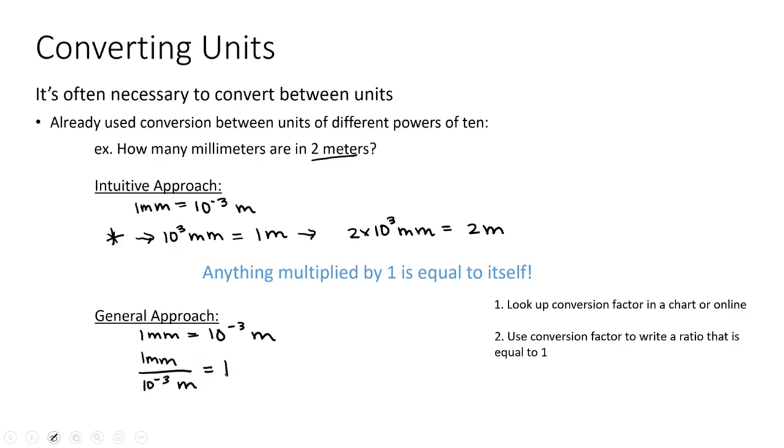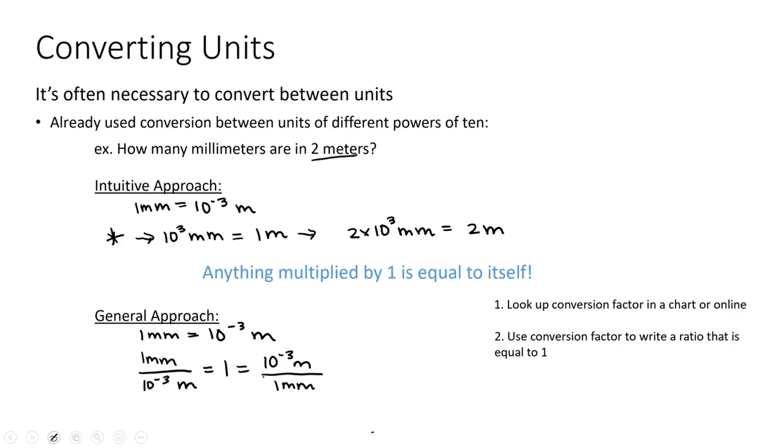Alternatively, I could have divided both sides of my conversion factor by 1 millimeter. In that case, I would get a 1 on the left-hand side, and on the right-hand side, I would have 10 to the minus 3 meters divided by 1 millimeter. Okay, so now I have two possible ratios that are both equal to 1.